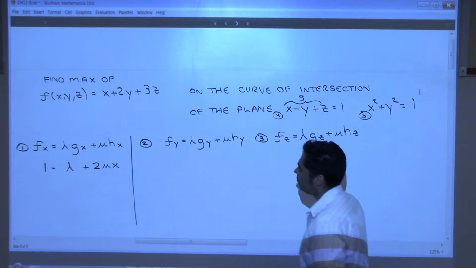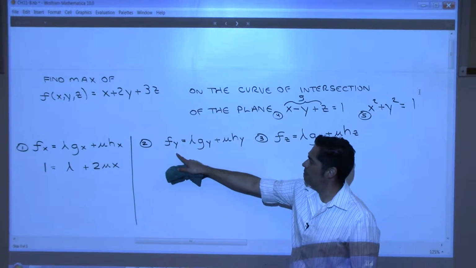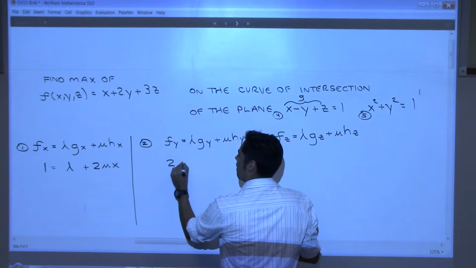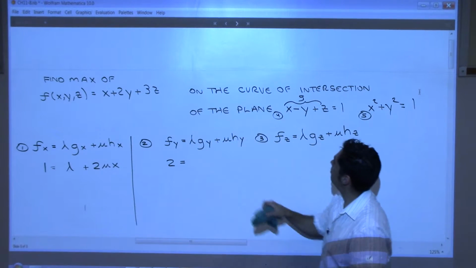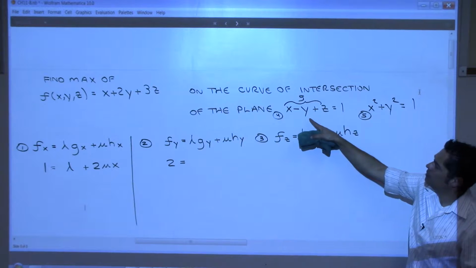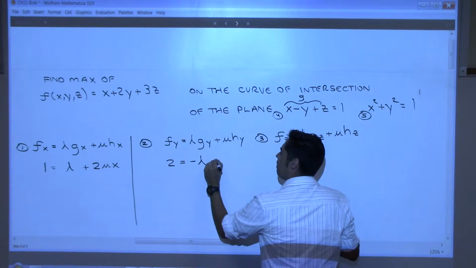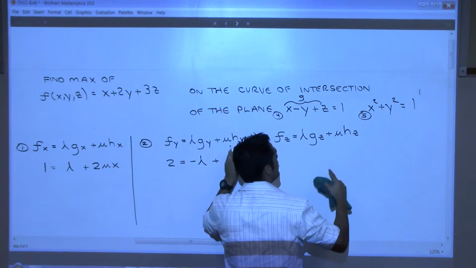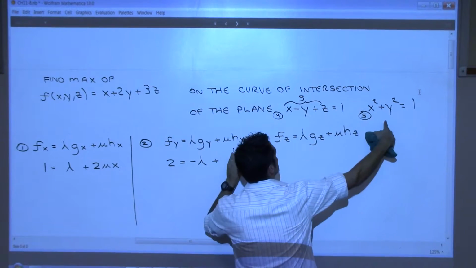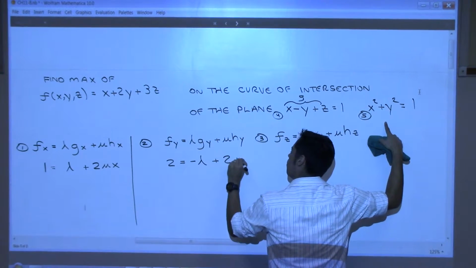Next one. Partial of f with respect to y. 2 equals lambda times partial of g with respect to y. Negative 1, so negative lambda. Plus, okay, mu partial of h with respect to y. 2 mu y.